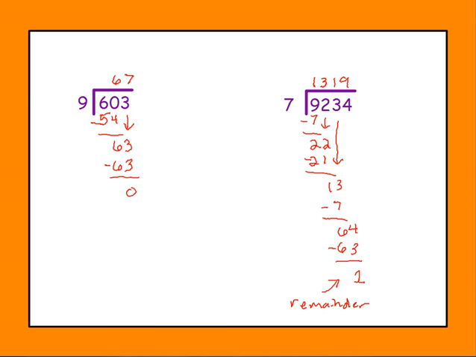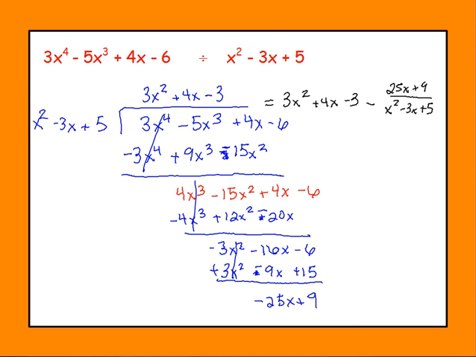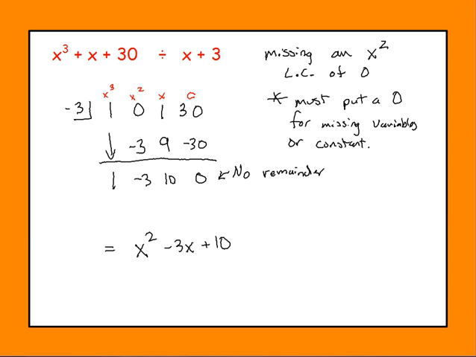Basically, if you look at all we did, you just figured out that x cubed plus x plus 30 can be factored into x plus 3 and x squared minus 3x plus 10. So you literally just did some factoring. That's why we learned how to divide. Essentially, it's another technique of factoring.